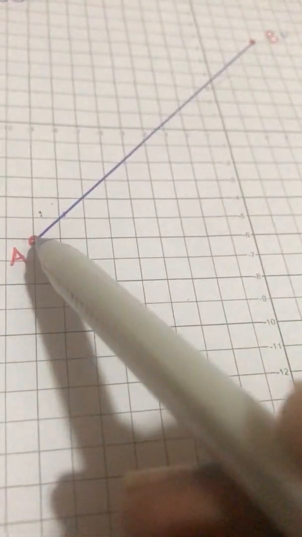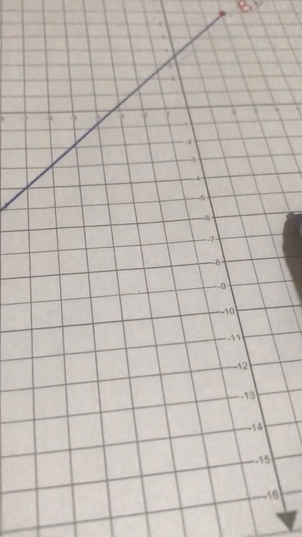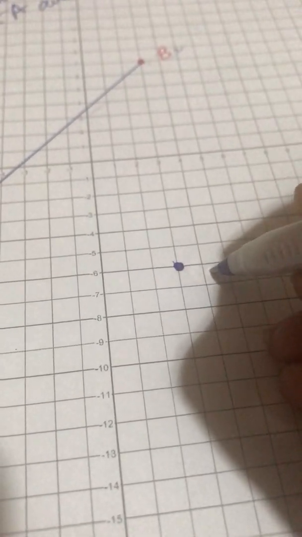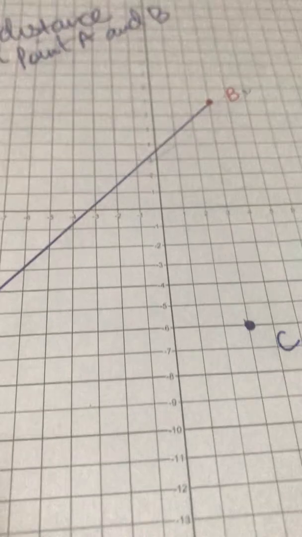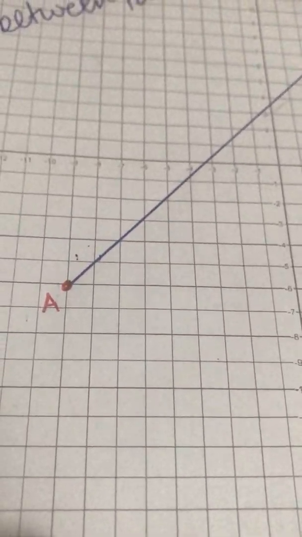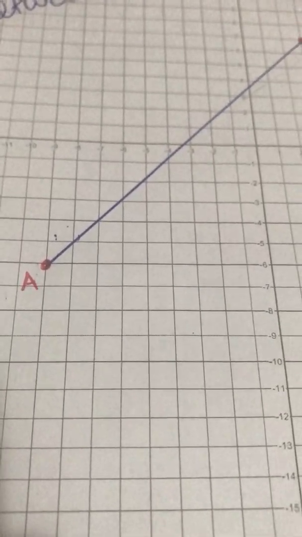So since I know this is A and B, I can go from A to B this way, but I can also go horizontally and then I go vertically. So this point here, I am going to call it C. Now I want to label my points. This is -9, -6.